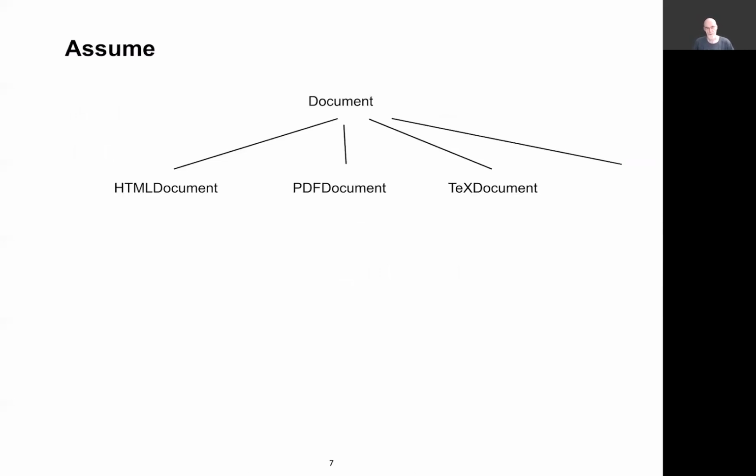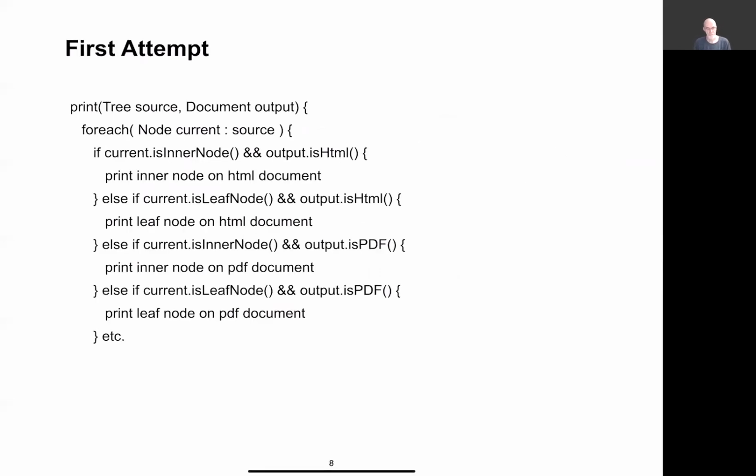So for example, assume we have some sort of document: an HTML document, a PDF document, and a text document. Then we can haul out our if statements and pass the tree into this print statement along with the document, and then we go through all the nodes in the tree.